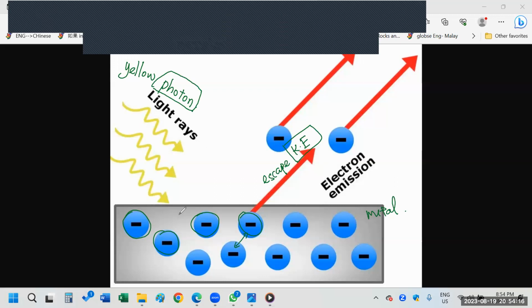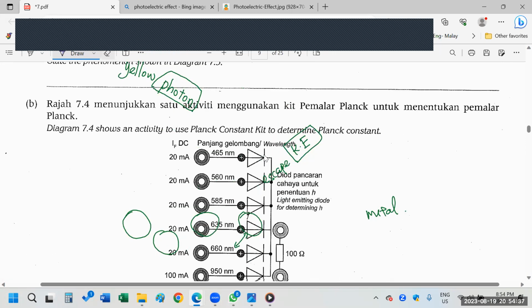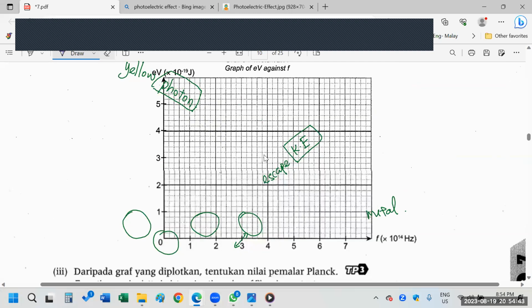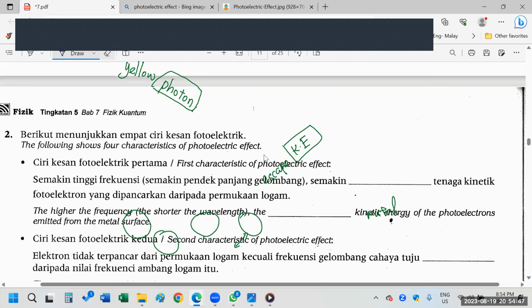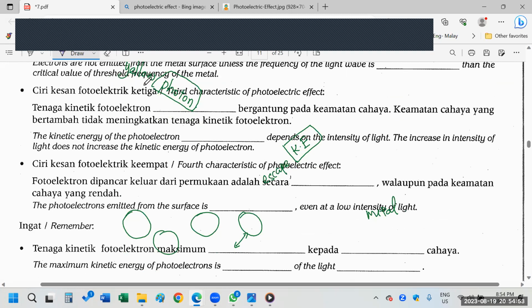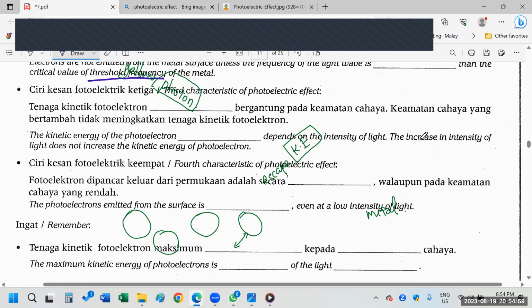So the energy used to resist the attraction force, we call it, what? Sorry. It's called work.